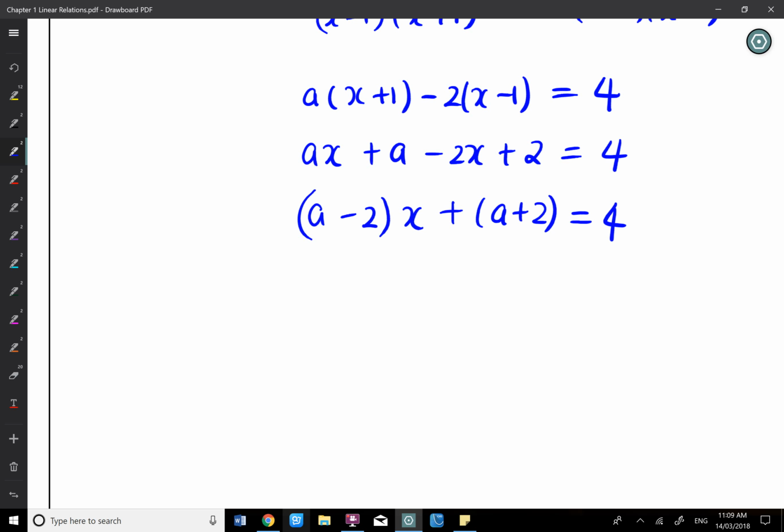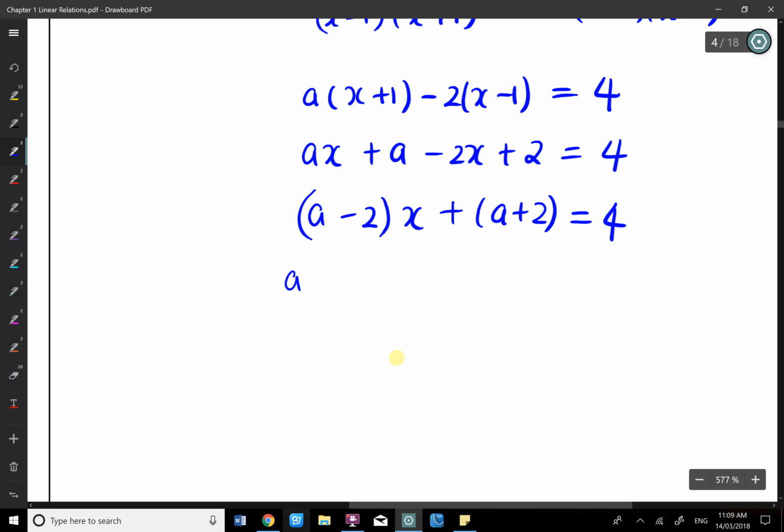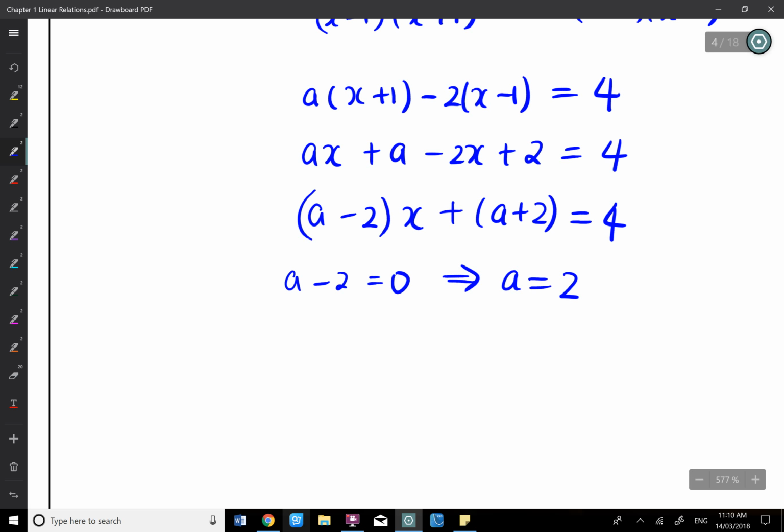Good. So what should a be? How can I make the coefficient 0? 2. That's right. A minus 2 must be 0, so a must be 2. Also, a plus 2 equals 4, so a equals 2 will give you 4 as well.